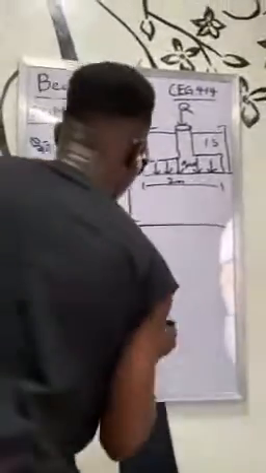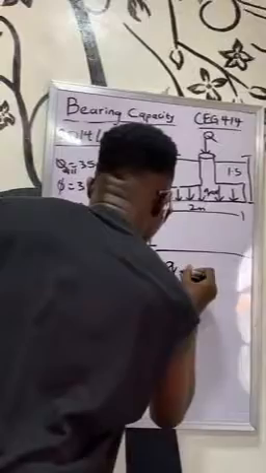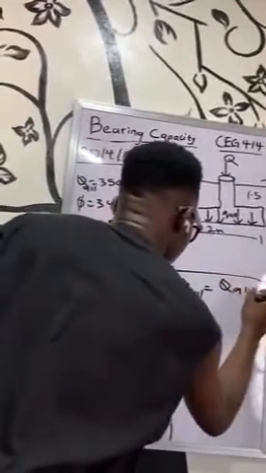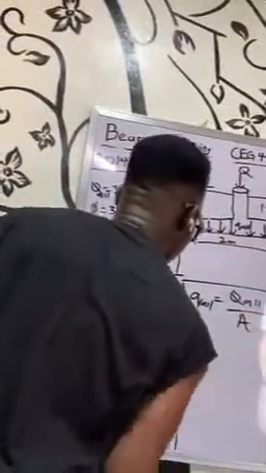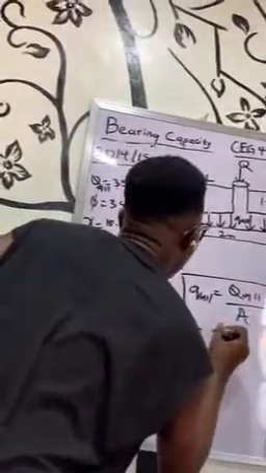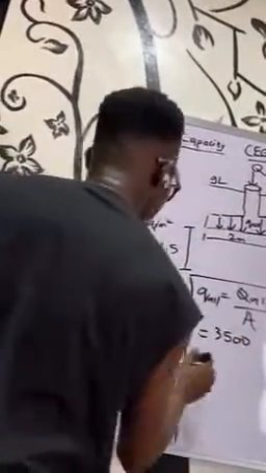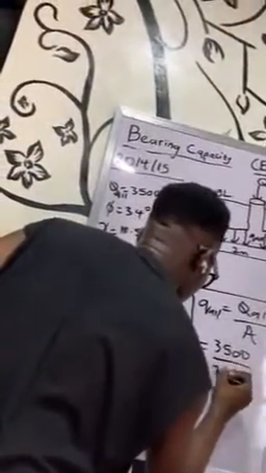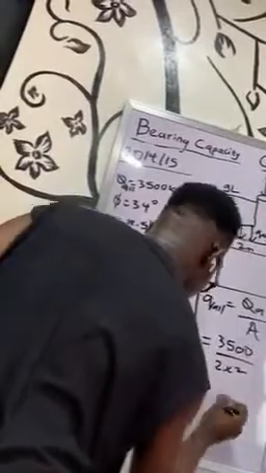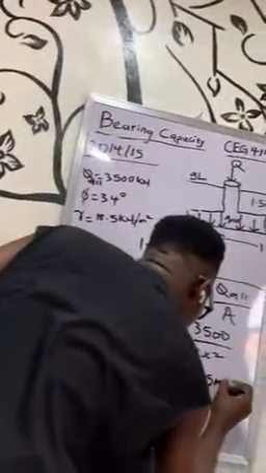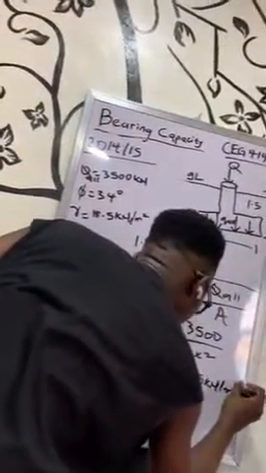So to get the allowable stress, we divide Q allowable by the area of the footing. So this is 3,500 over the length and breadth, 2 times 2, and this should give us 875 kilonewton per meter square. All this is clear.